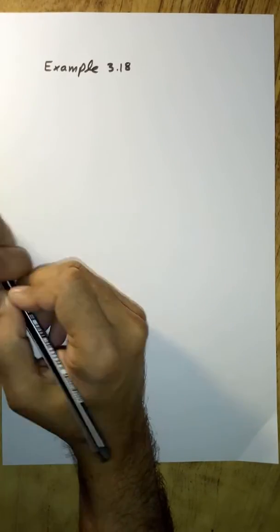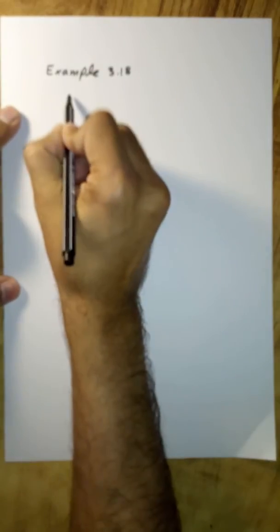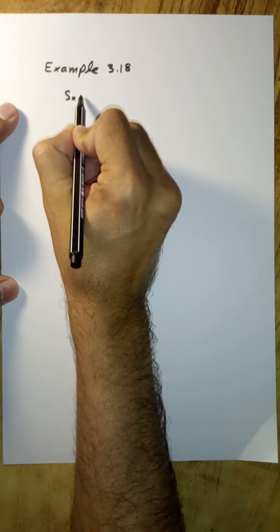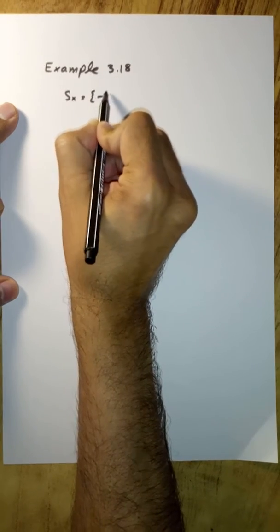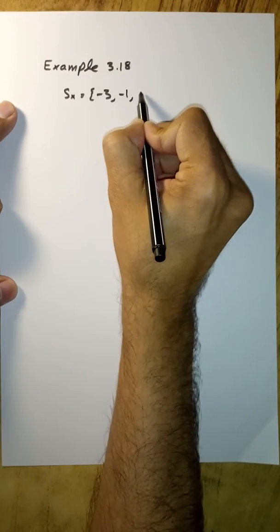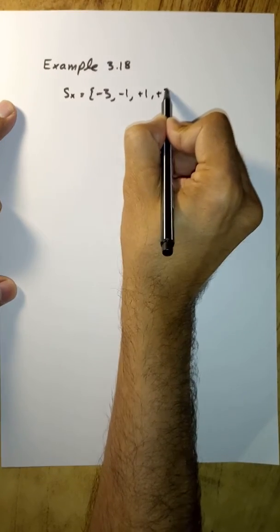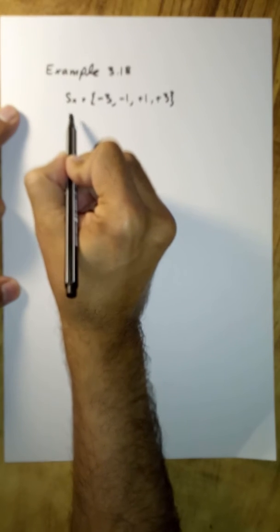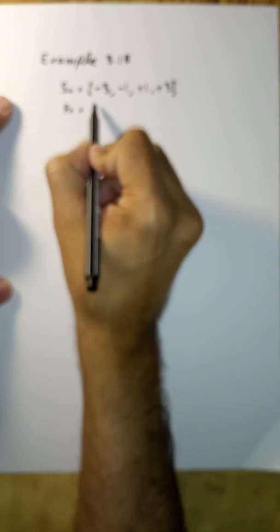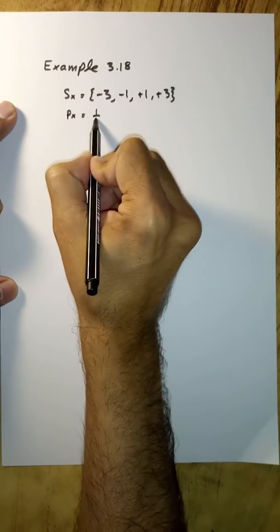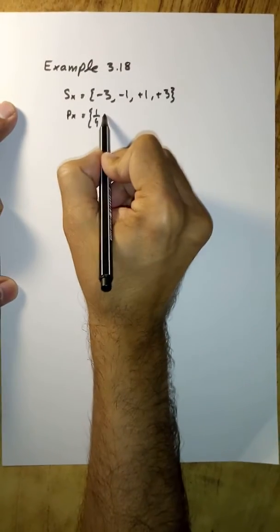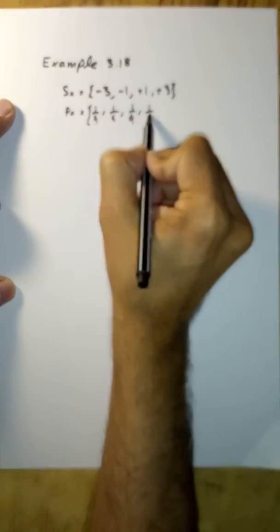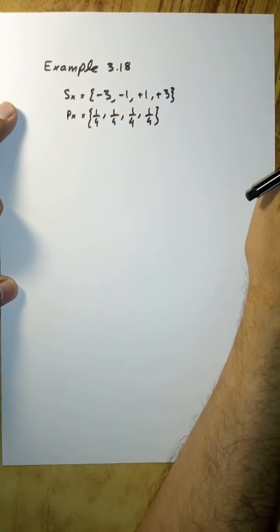In this example we have a random variable x, and the sample space of x is given as -3, -1, +1 and +3, and we know the PMF of x as well, which is 1/4 for all values of x. So it's 1/4, 1/4, 1/4 and 1/4. So our values are equally likely, right?